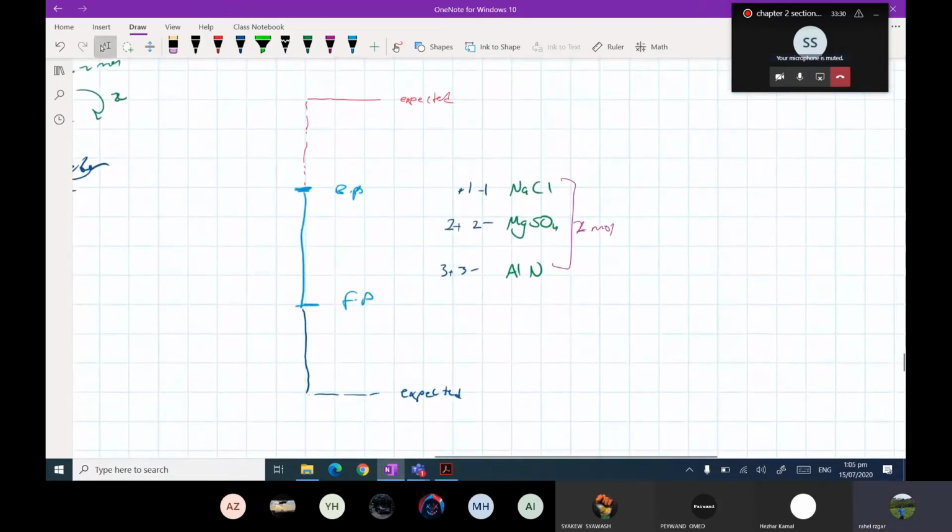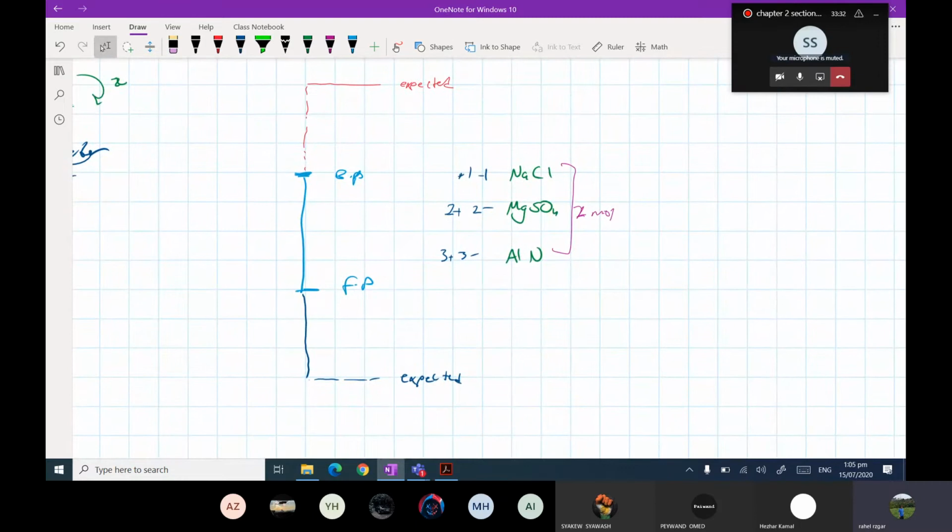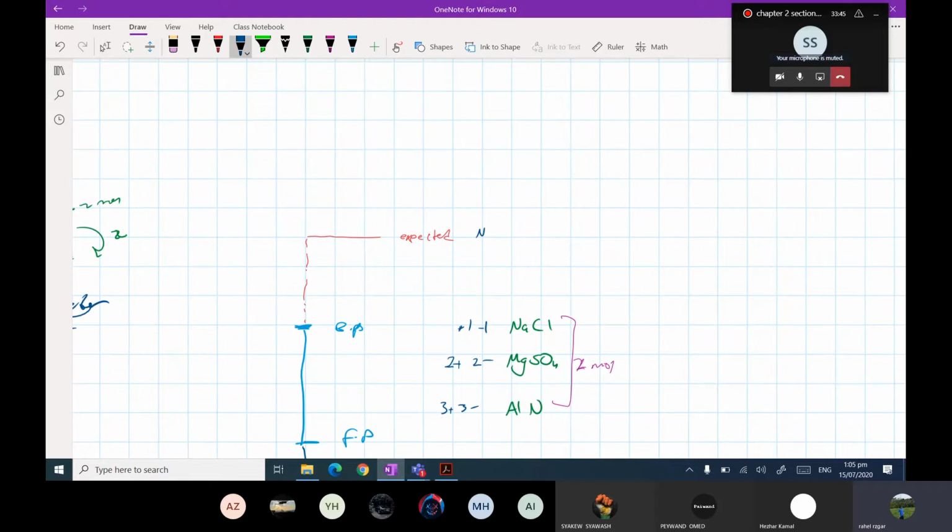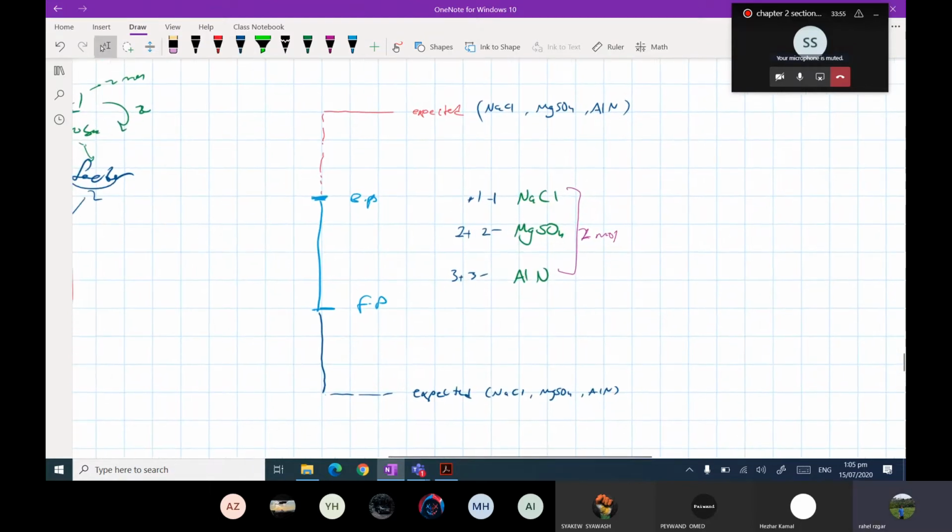Now, we know this is the expected for NaCl, for MgSO4, for AlN. Same thing for NaCl, MgSO4, AlN: the same expected value.